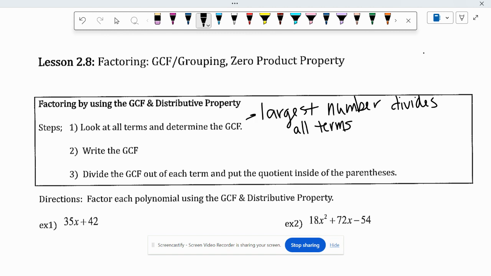So that's what the number is, but you also need to think about your variables. In terms of the variables, you want to pick the same variable and the lowest exponent. Same variable with the lowest power.